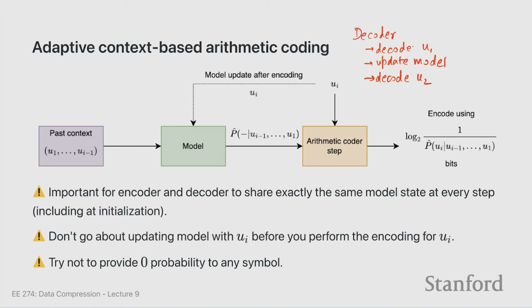Decode U2, then you again update the model. So it basically does exactly what the encoder does. They go in sync. And this is very, very crucial. The encoder and decoder need to share the same state at every step. If at any step the arithmetic coder sees different distributions, it will just break down. If it breaks down at any step, then all the other steps are gone.